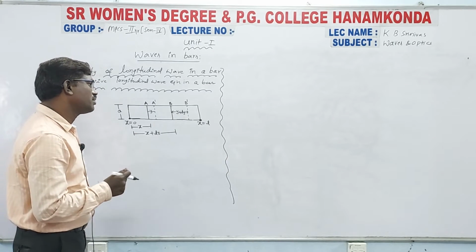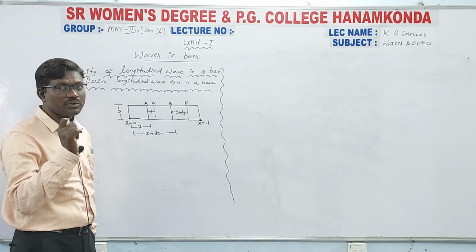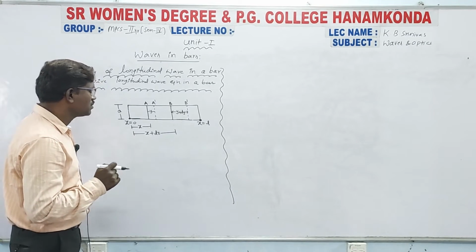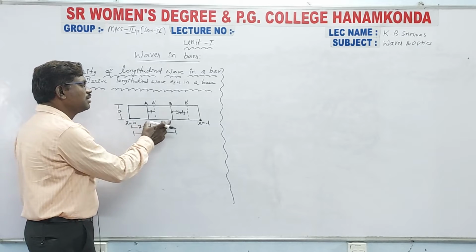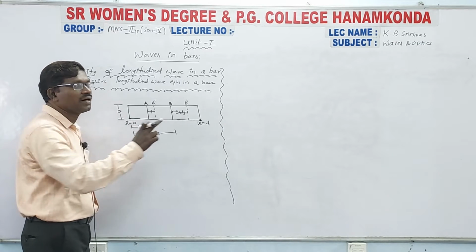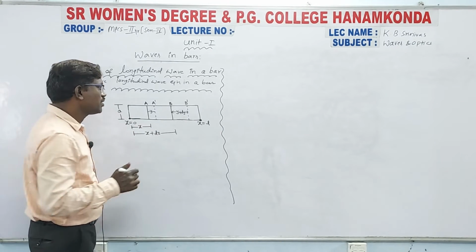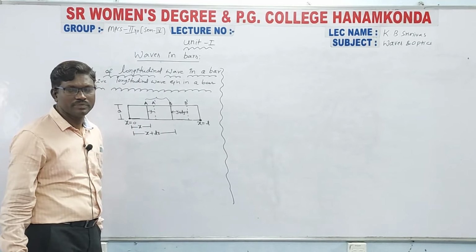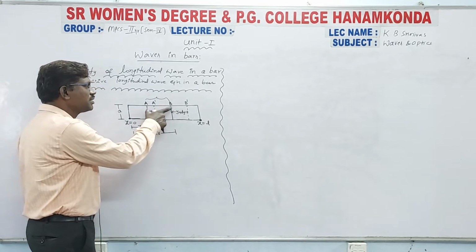So, next I want to calculate the extension produced in the layers. Before that, just to observe, what is the length of the element that I have considered here? What is the element I have taken here? AB. The original element is AB. What is the length of this element?